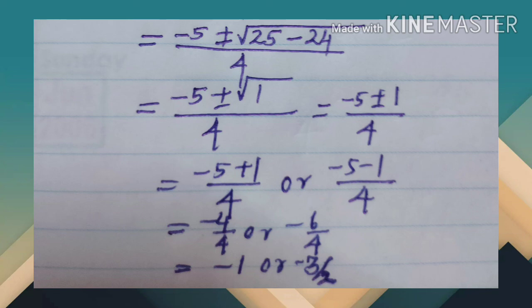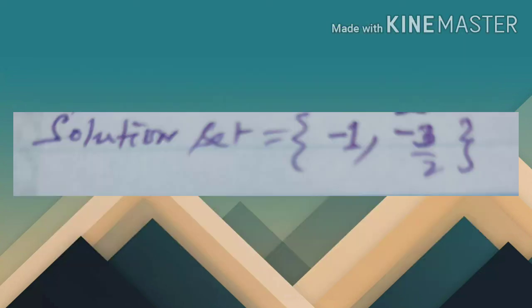This implies that x is equal to minus 1 or minus 3 by 2. Therefore, the required solution set is the set having elements minus 1 and minus 3 by 2.